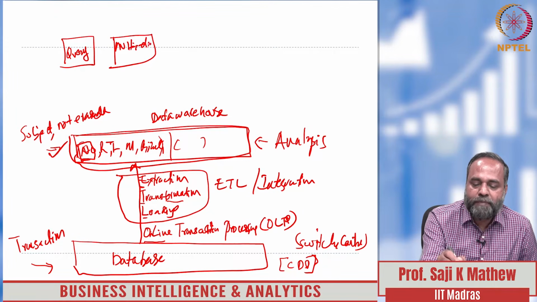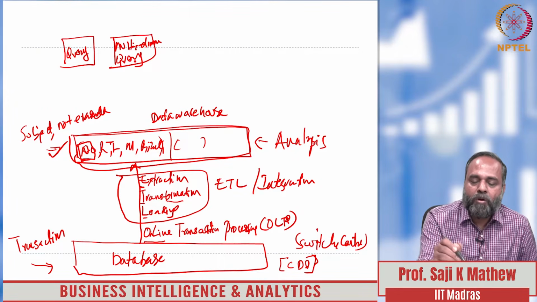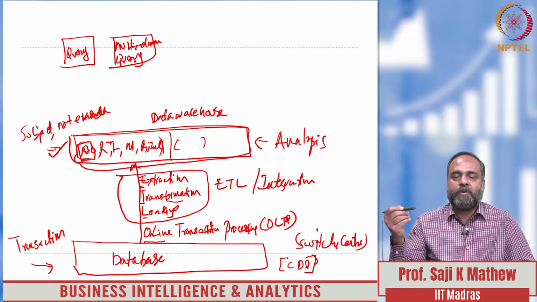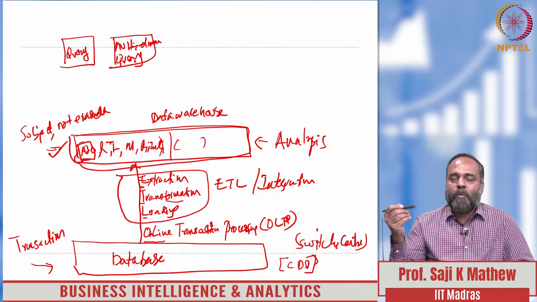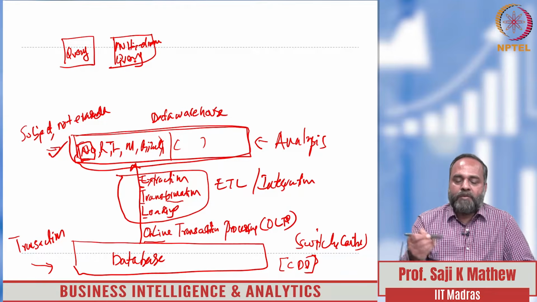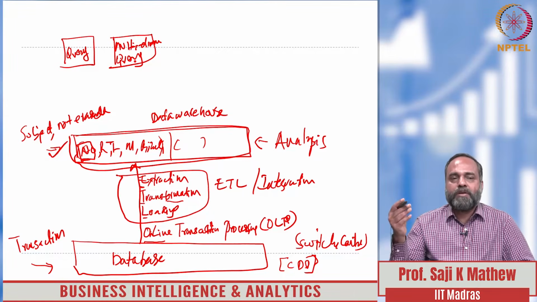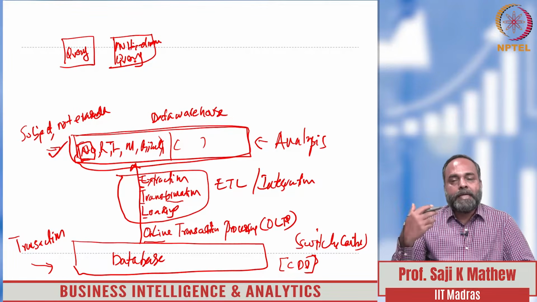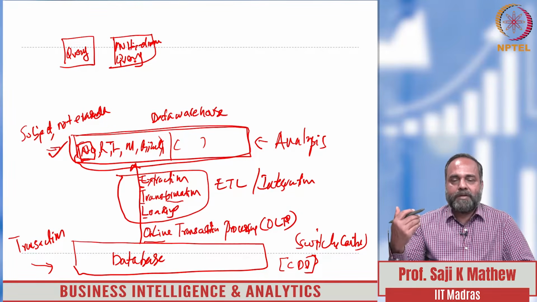We will discuss this separately in one session. Multi-dimensional query, or OLAP, online analytical processing, is one technology that can work with the data warehouse to create useful multi-dimensional insights for business decision makers.